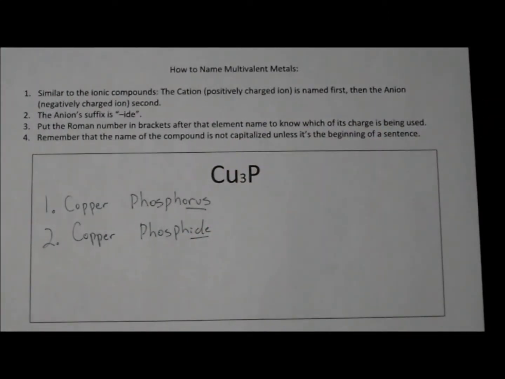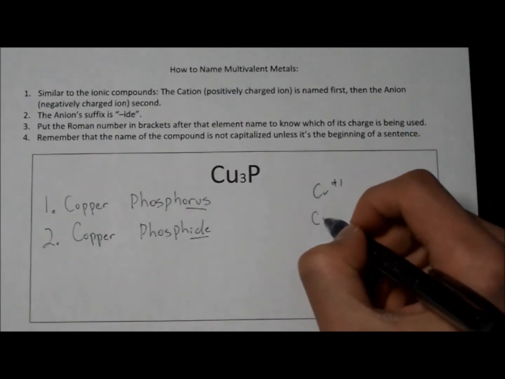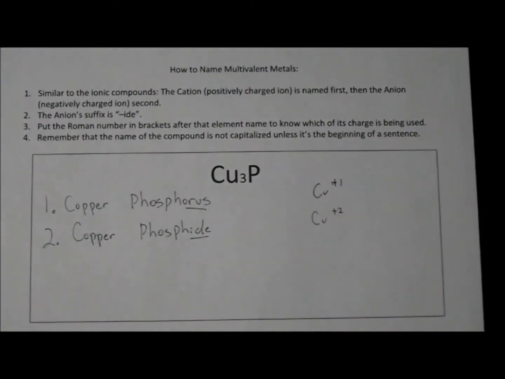Now the third step that is different between multivalent metals and ionic compounds is that because a multivalent metal, in this case copper, has more than one charge, we are going to identify which charge is being used by using Roman numerals. We're going to put the Roman numeral in brackets after copper to know which charge is being used. Since we know that copper has a charge of +1 and a charge of +2, we know that when writing the formula, we always crisscross the charges.